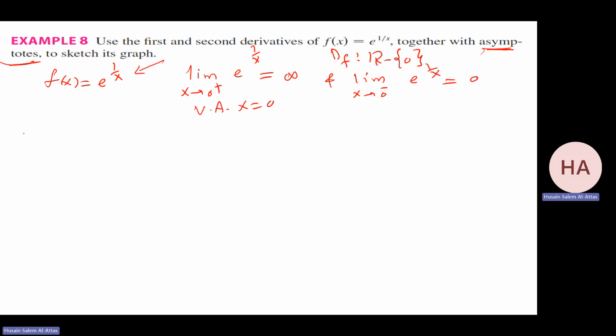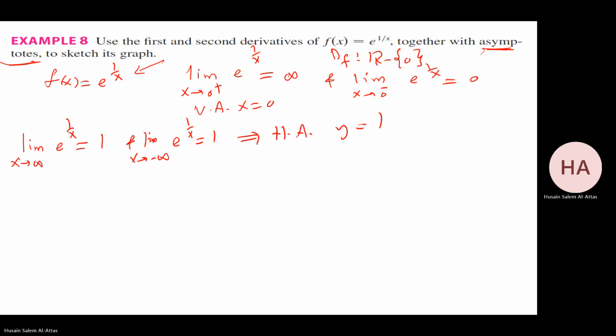Also, I check the limit as this goes to infinity for this function. That will be e to the power 0, which is 1, and the limit as this goes to minus infinity is the same, it's 1. So I have a horizontal asymptote, y equals 1. Intercept: no x-intercept, no y-intercept.